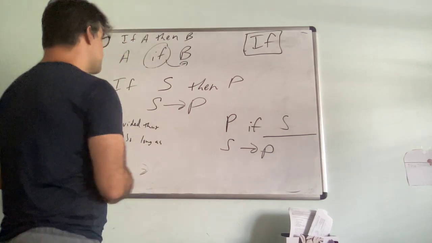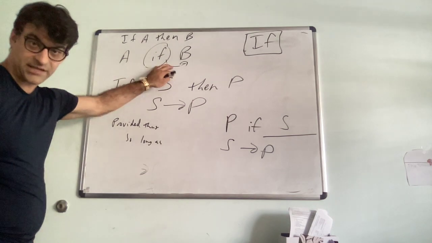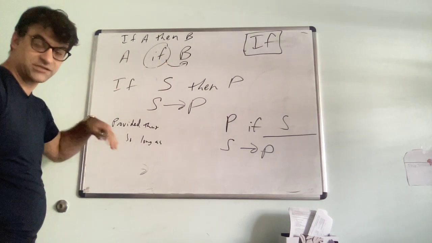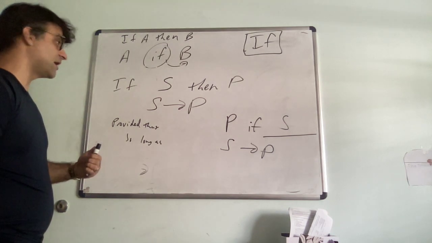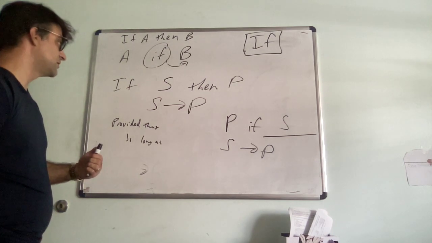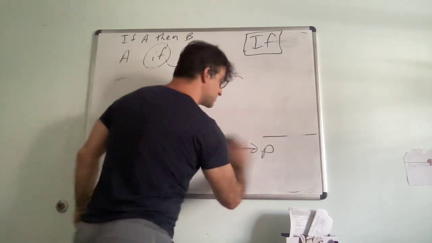All right. So that's if. Wherever it shows up in the sentence, it marks the antecedent. And the same goes for provided that, so long as. Marks a sufficient condition, right?